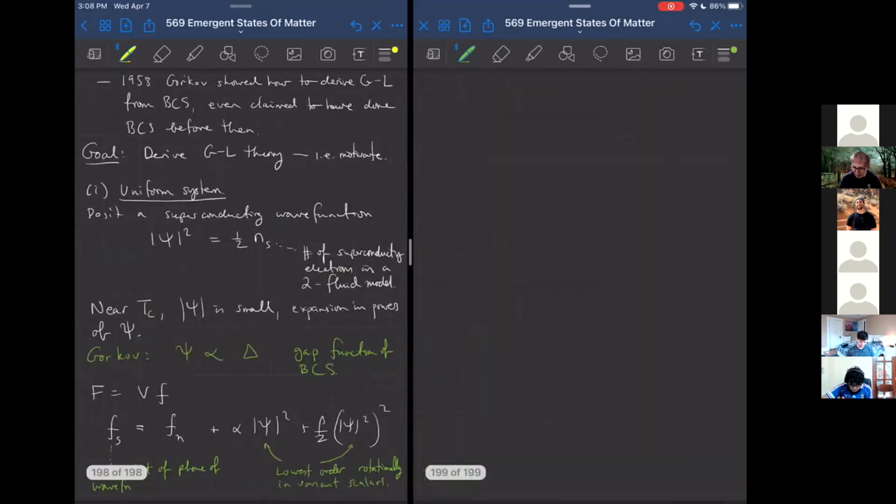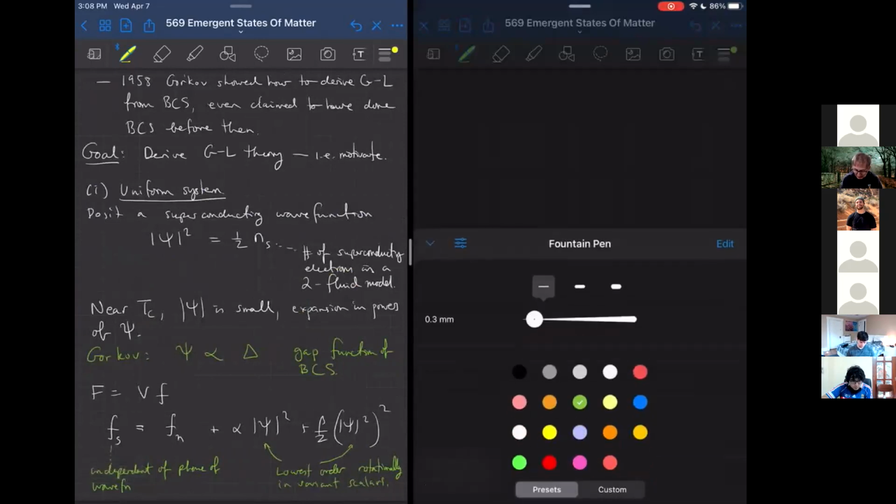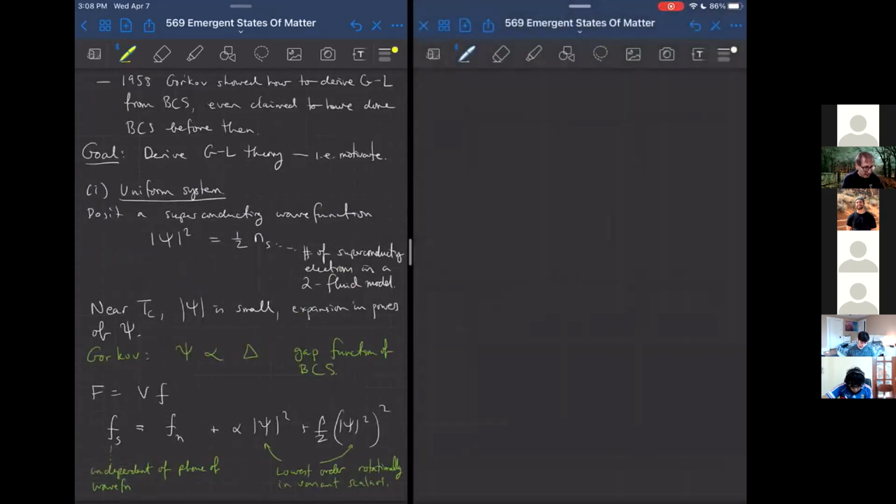So then what do we need? Well, the free energy is minimized in equilibrium. And so that means that obviously we need beta to be greater than 0. Otherwise, the free energy would not be bounded below.